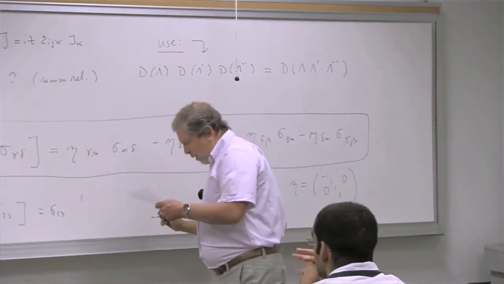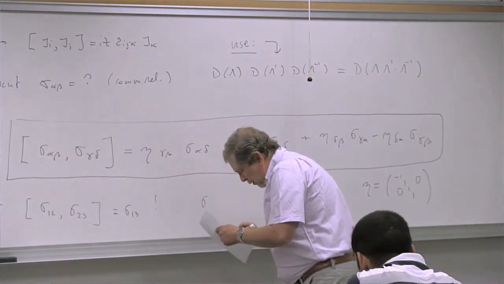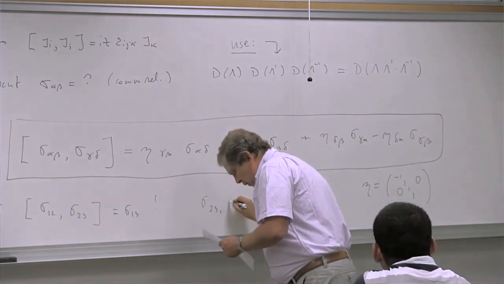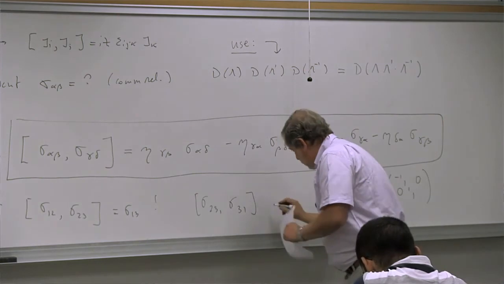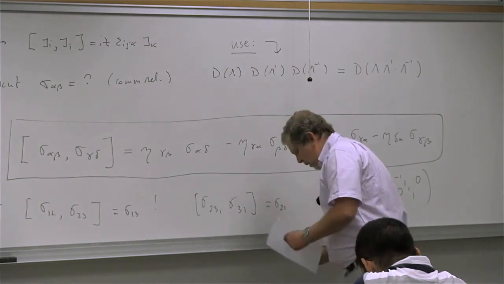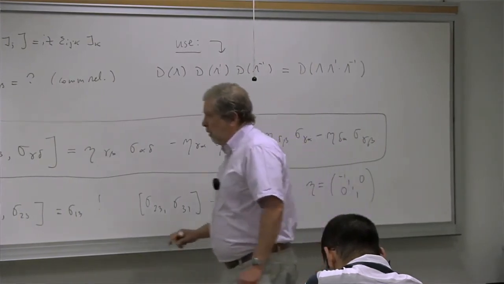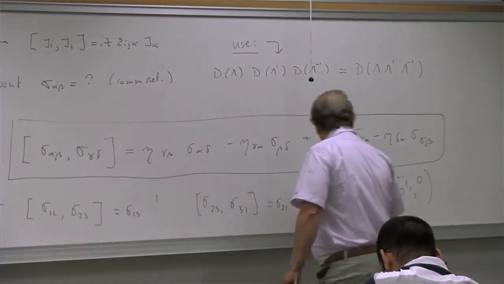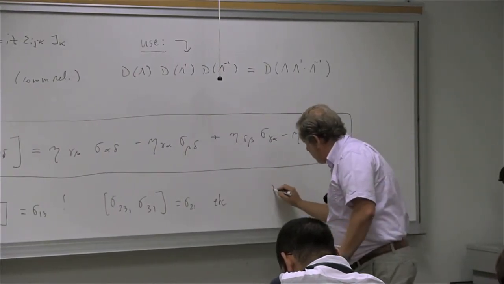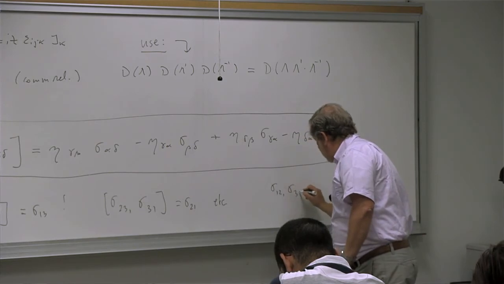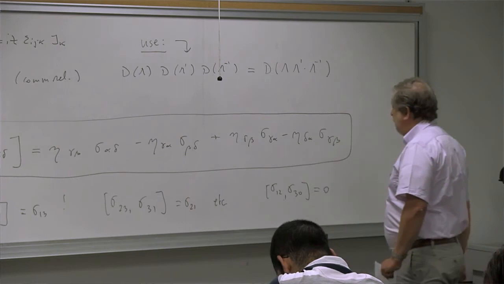And so now you can keep on commuting. For example, computing these commutators, sigma 2, 3 with sigma 3, 1 is equal to sigma 2, 1. Even when you have the etas, you see that they're all very simple. And if one of them is a naught, then sigma 1, 2 with sigma 3, 0 commutator is 0.